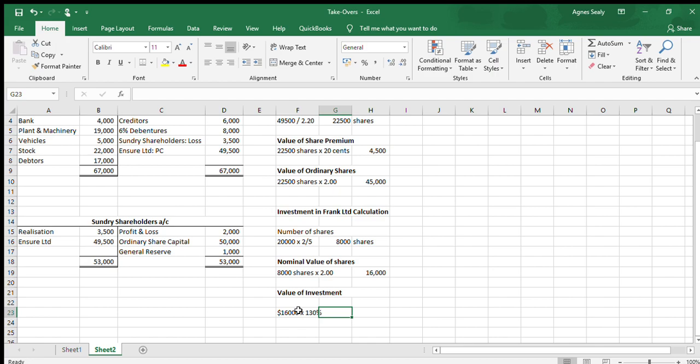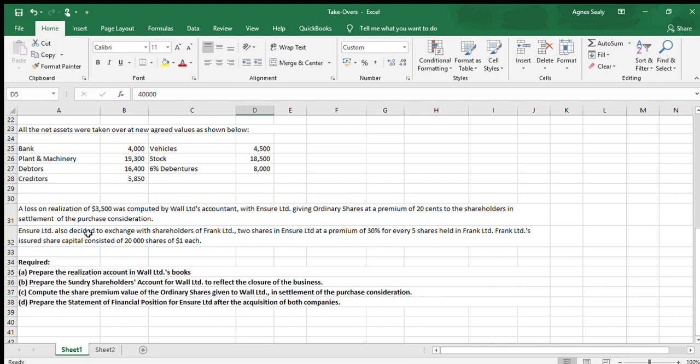Why that? Because they say that Ensure Limited decided to exchange with the shareholders of Frank Limited 2 shares in Ensure at a premium of 30% for every 5 shares held in Frank Limited.